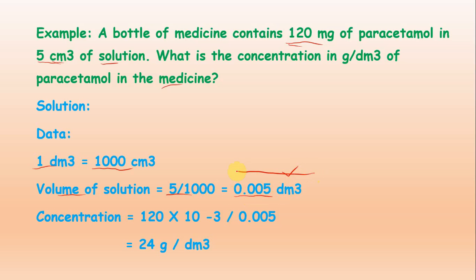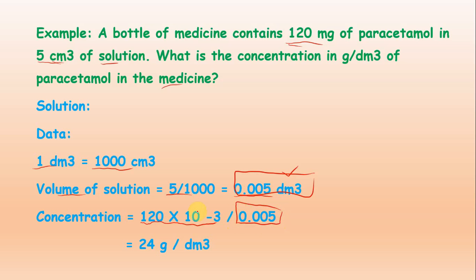Now we have the volume in dm cube. So look at the concentration. First of all we have to convert the milligram into gram, and then divide by the volume, that is 0.005.